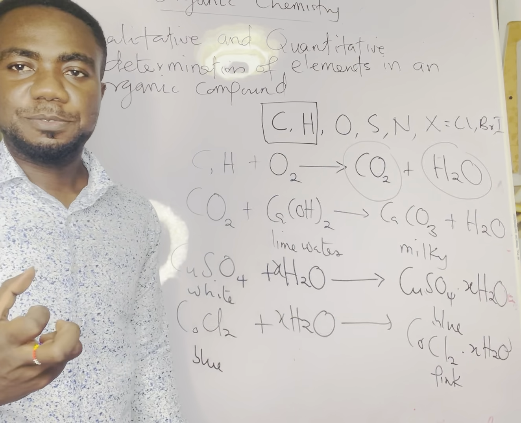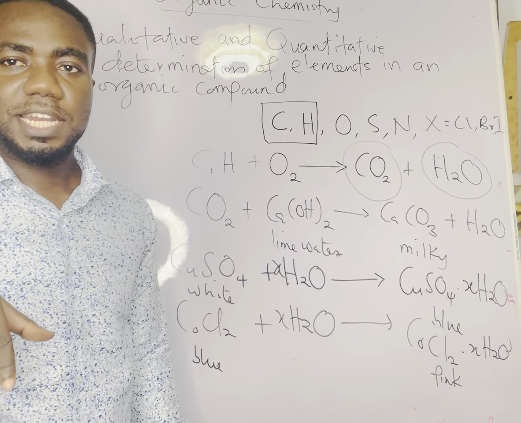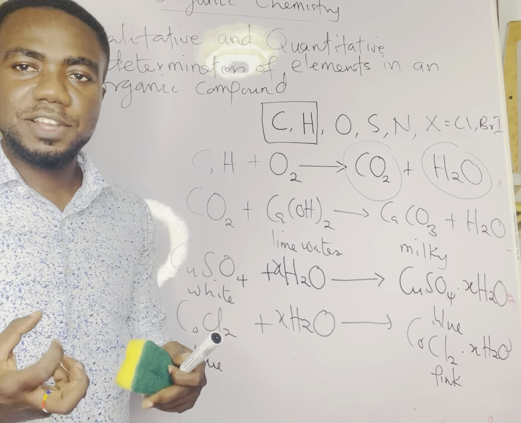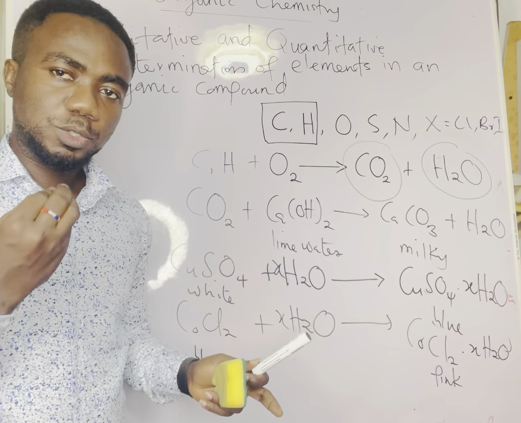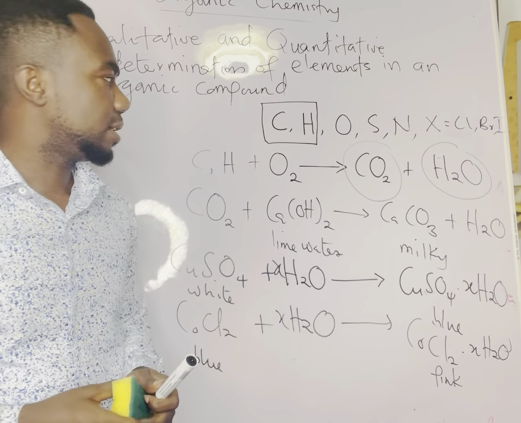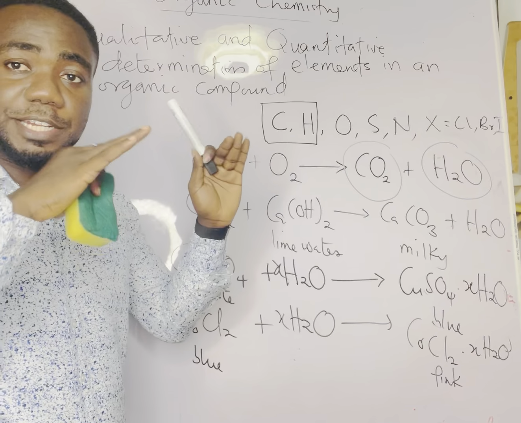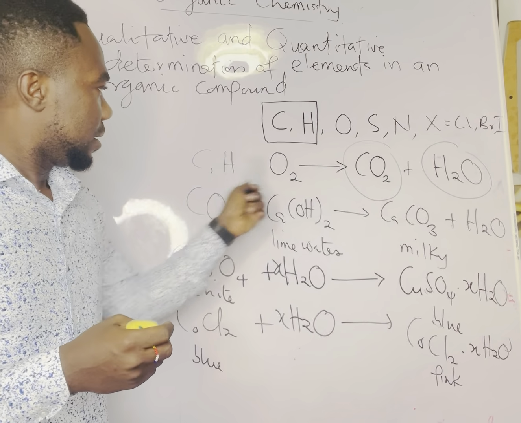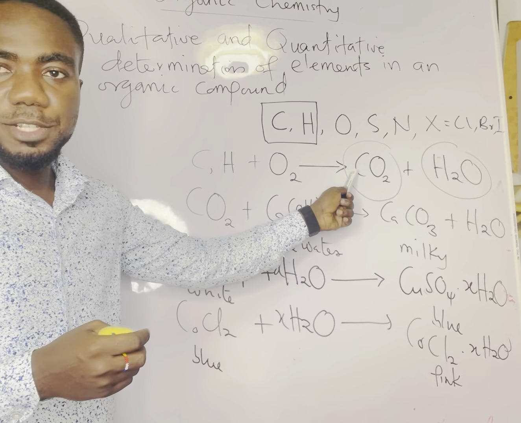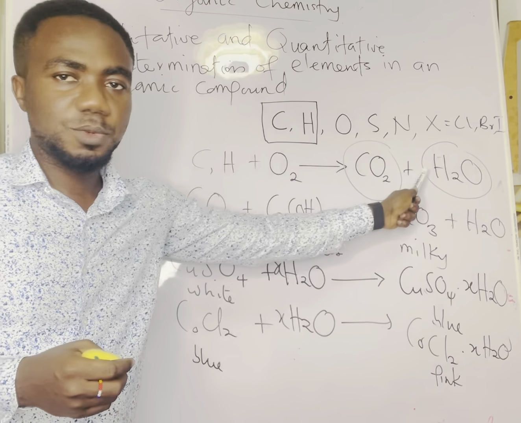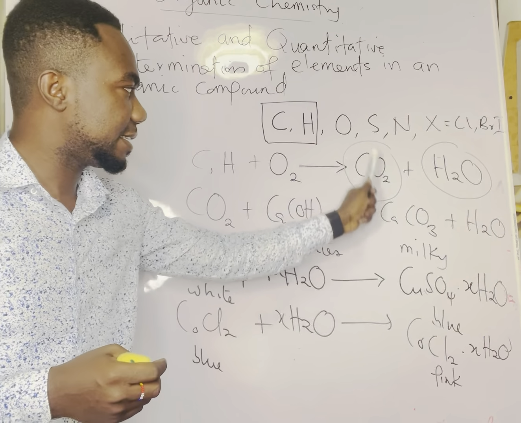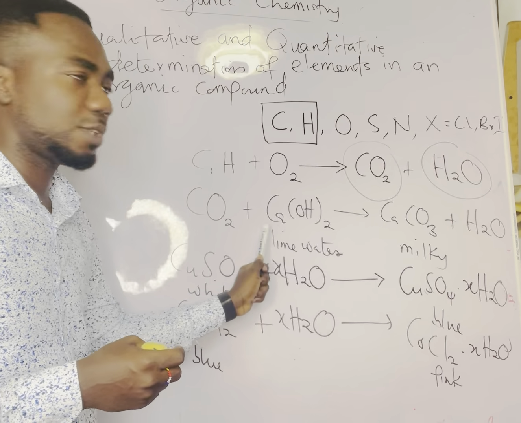Qualitative determination of carbon and hydrogen present in an organic sample: you need to get a dry oxidizing agent such as copper 2 oxide or pure oxygen, and react it in an iodometer. The carbon will be oxidized to carbon dioxide, and then the hydrogen will be oxidized to water. To determine whether the gas involved is carbon dioxide, pass it through lime water.